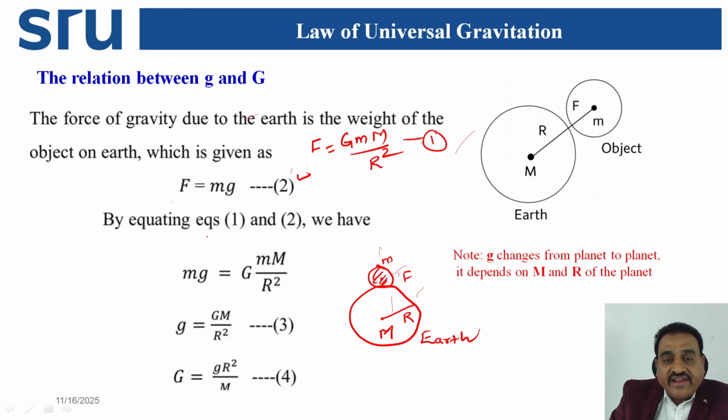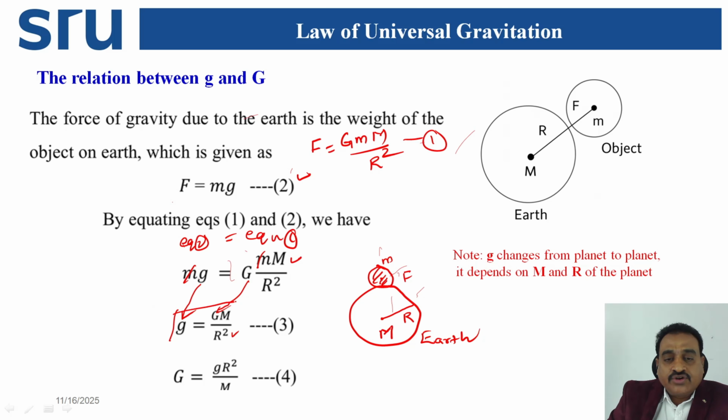From equation 1 and 2, we can write equation 2 equal to equation 1. Equation 2: F is equal to mg. Equation 1: G M m by R square. So small m gets cancelled. Remaining, small g is equal to G into capital M by R square.